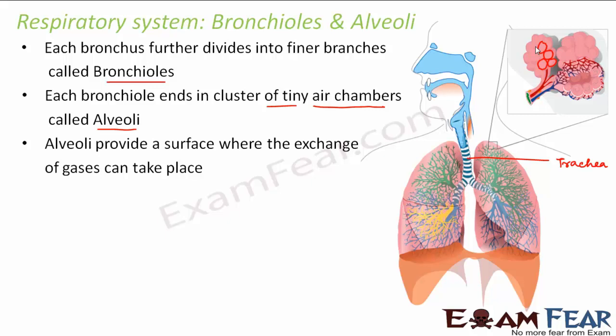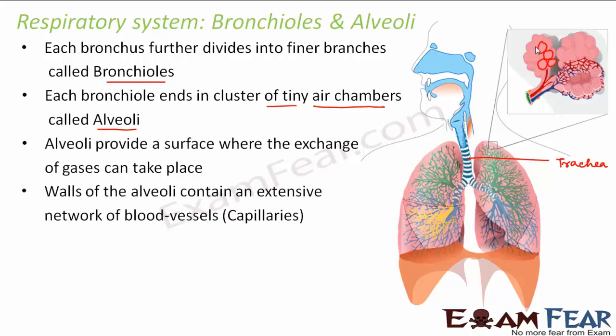So alveoli are balloon-like structures which are filled with air, and the actual exchange of gases takes place along the surface of the alveoli. So the alveoli have alveolar ducts, and the walls of these alveoli are covered with capillaries. So the walls of alveoli contain an extensive network of blood vessels, that is capillaries.